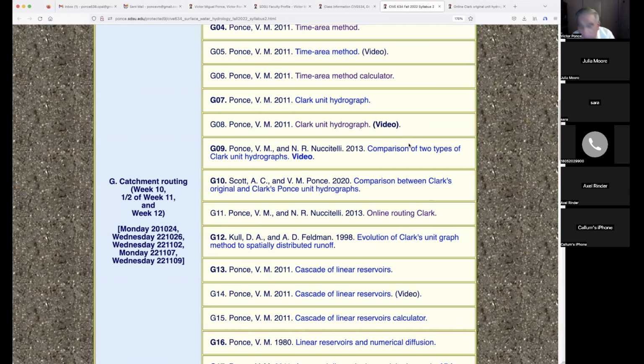Okay, and I'm going to reiterate here, as to the issue of which one of these types of Clark unit hydrograph is preferred in practice, I have a clear answer to that. If you're running a model that has already been built for you, like HMS, then you're running the original Clark unit hydrograph as put together by Clark.